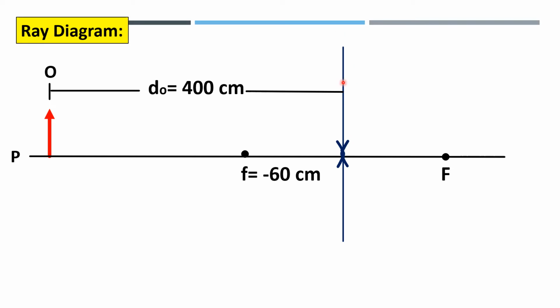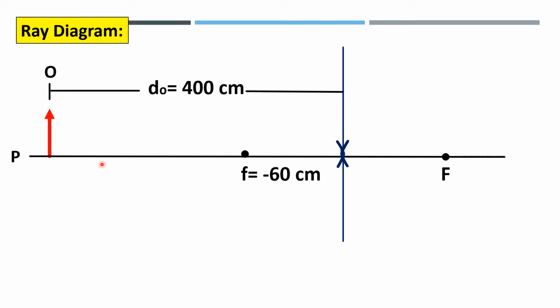So we assume that all the incident rays coming from the object will be striking this particular vertical line. In other words, it's like saying that the incident rays coming from the object will hit the lens before they get refracted.